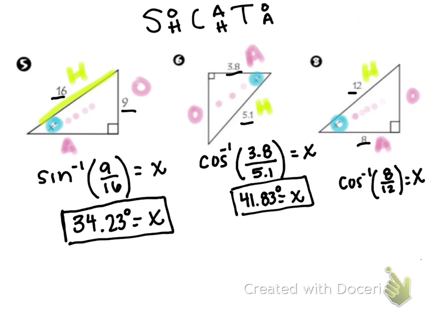Equals X. This right here is what you're popping into your calculator. So X equals 48.19 degrees. Again, I'll go ahead and show you what that looked like when you put it in your calculator real quick.